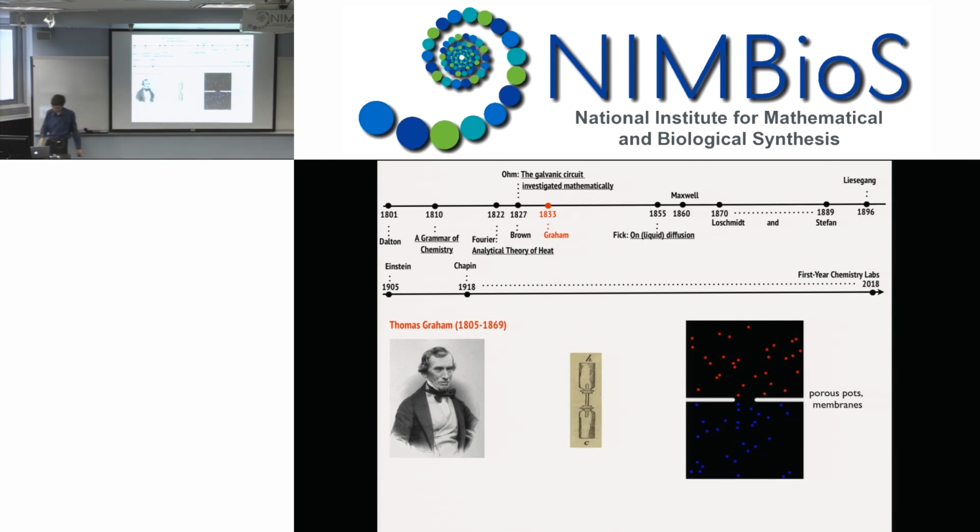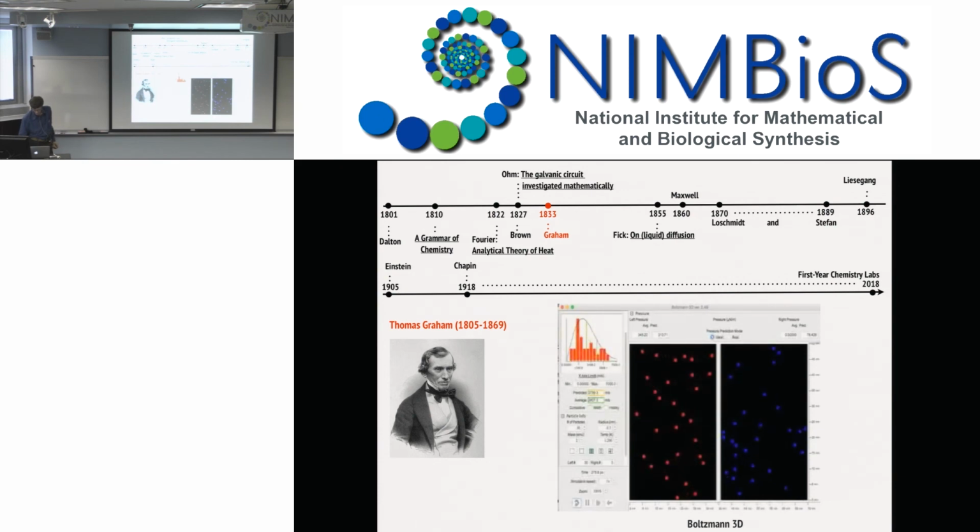I took this simulation from Boltzmann 3D, which is an amazing teaching tool. You can actually watch the Brownian motion of molecules. So you can just Google Boltzmann 3D and download this program. This is a simulation of Graham's experiment where he had a small hole relative to the size of the gas molecules, and what he wanted to measure was the rate at which, in this case, one red molecule has gotten through. We'd wait long enough.